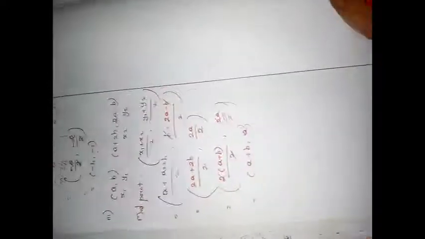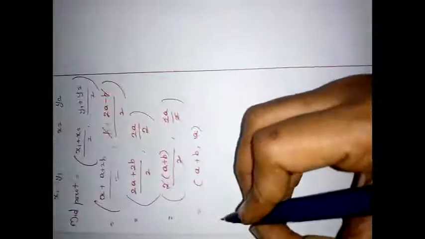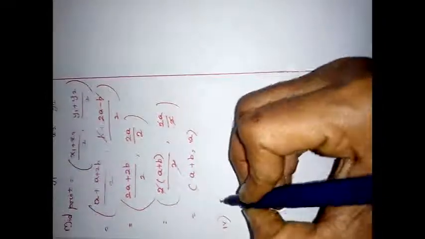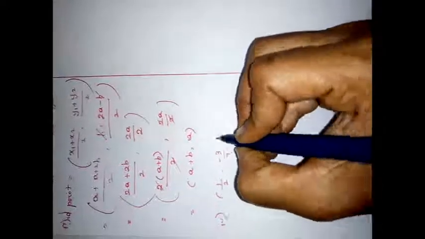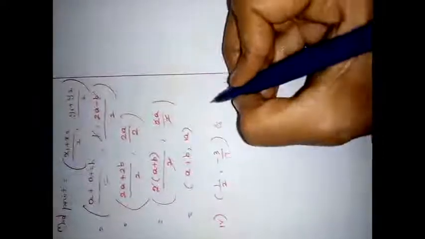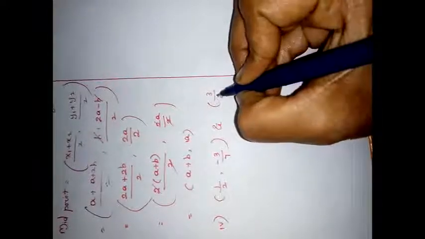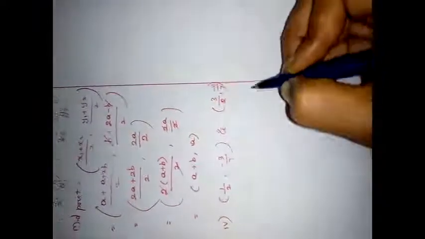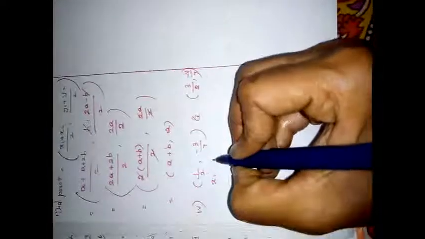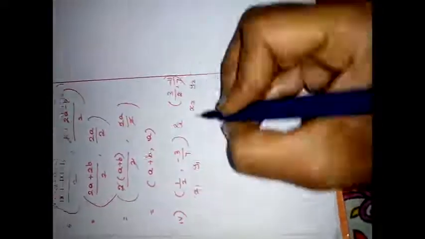And the fourth question: (1/2, -3/7) and (3/2, -11/7). Same, take the first point as (x1, y1) and the second point as (x2, y2).